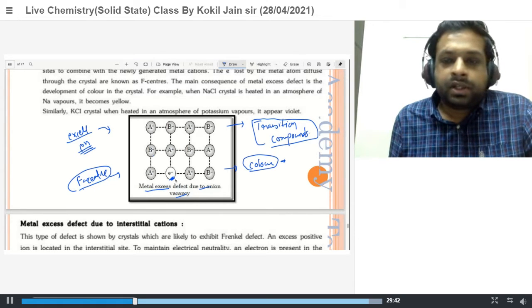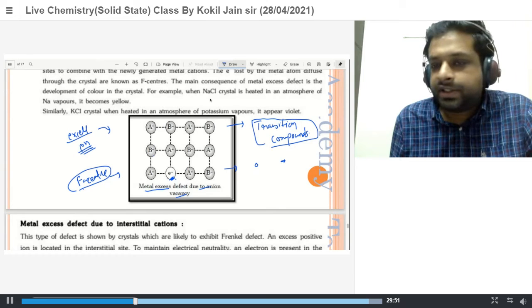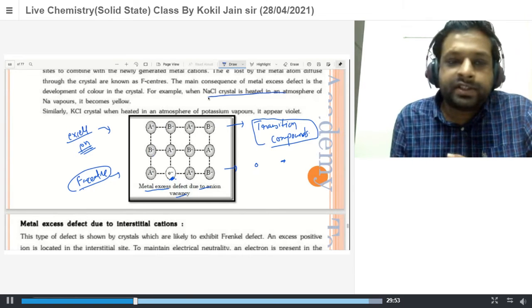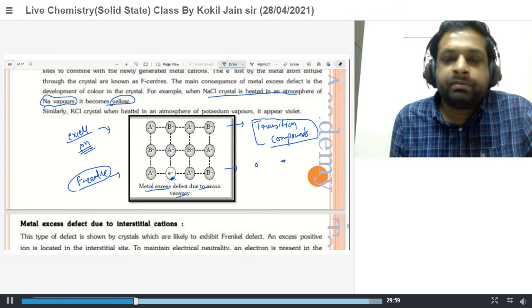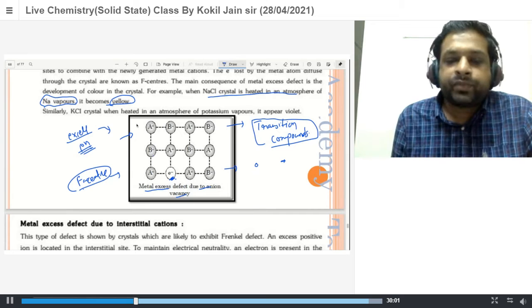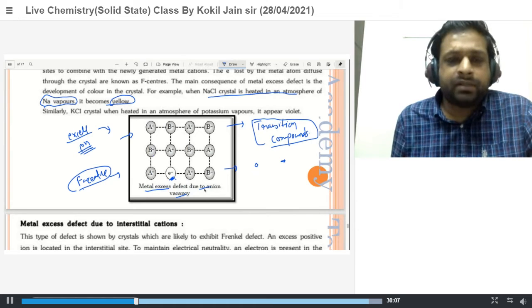Let's take an example of NaCl. When an NaCl crystal is heated in an atmosphere of sodium vapor, it generally becomes yellow. This is the reason: metal excess defect, because the anion is absent and metal is present in excess here.